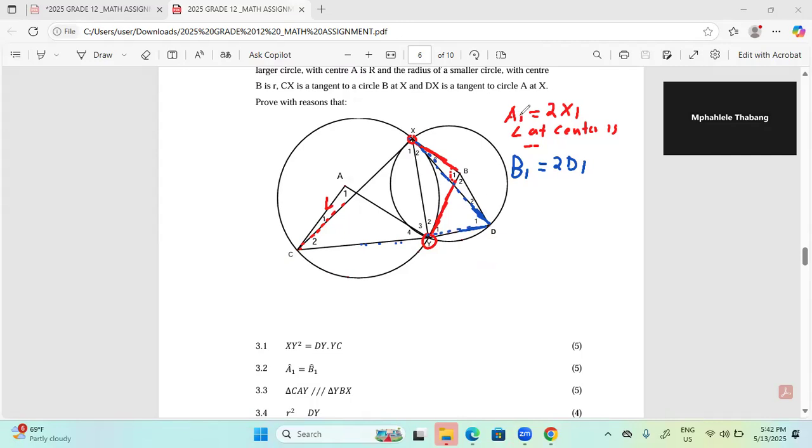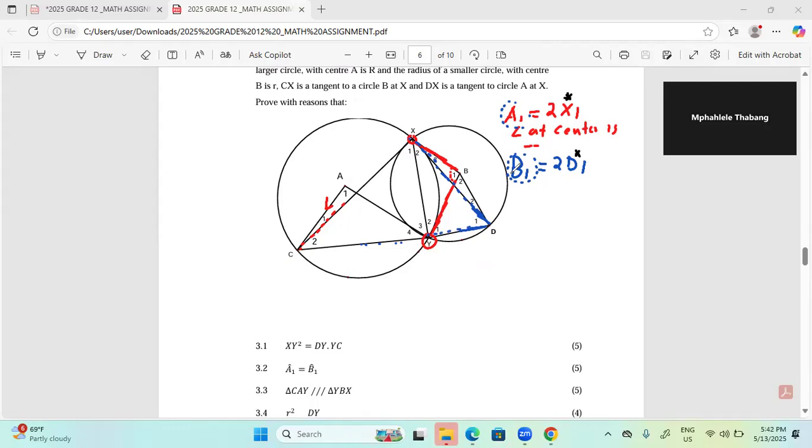And I want A1 and B1 to be equal because they are saying I must prove that A1 equals B1. But what do I know? I know that A1 is twice X1. What else do I know? I know that B1 is twice D1. So this time around, guys, we wish that X1 and D1 are equal. Because if X1 and D1 can be equal, it means A1 and B1 will be equal.